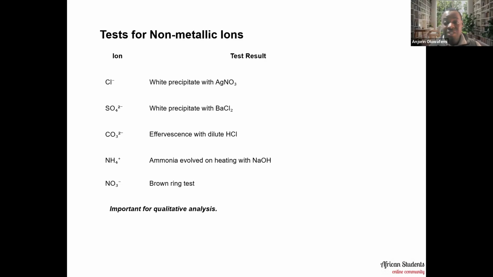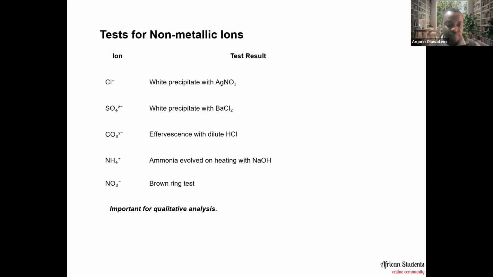Basically, the effervescence is CO2 being evolved, being released. Then ammonia is evolved on heating with sodium hydroxide. Then for NO3 minus, we have the brown ring test. So these are some of the test results for non-metallic ions.